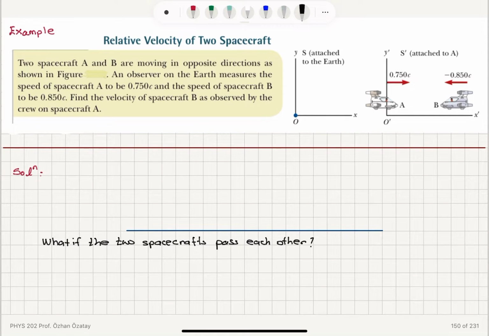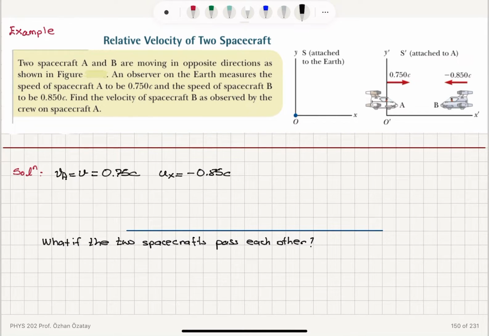The velocity of A measured by the S reference frame, which I call v, is 0.75c. The velocity measured in the S reference frame for spacecraft B is minus 0.85c, that's the x component.